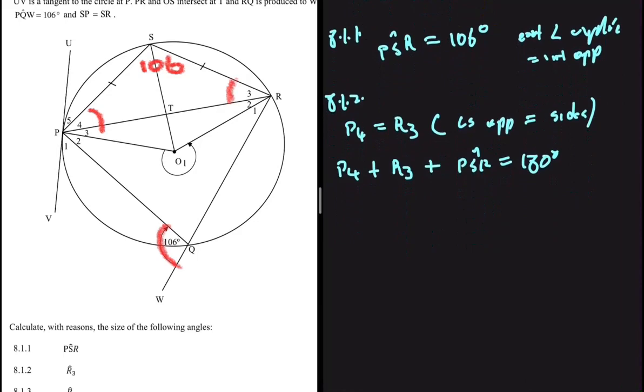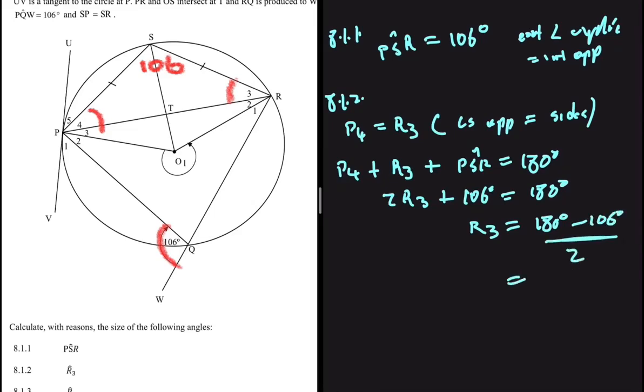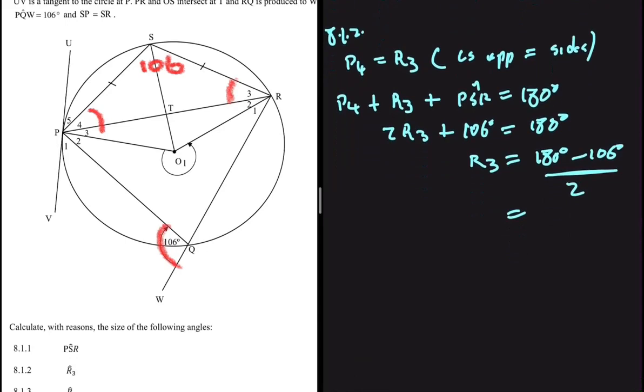And then P4 is R3, so we basically have 2R3 plus PSR, which is 106 degrees, being equals to 180 degrees. So R3 is equals to 180 degrees minus 106 degrees divided by 2. And then if you put that in your calculator, you should get 37 degrees. So that is the size of angle R3 and P4, because R3 is equals to P4.